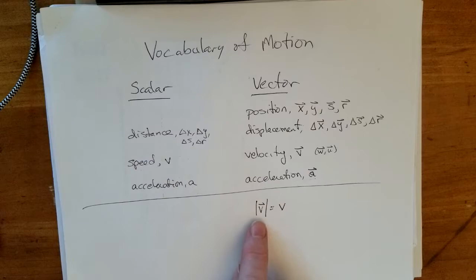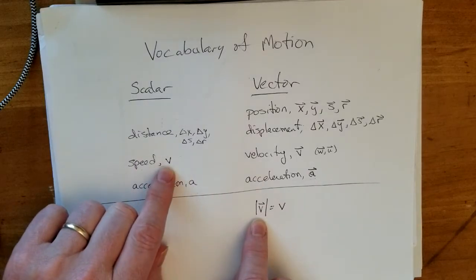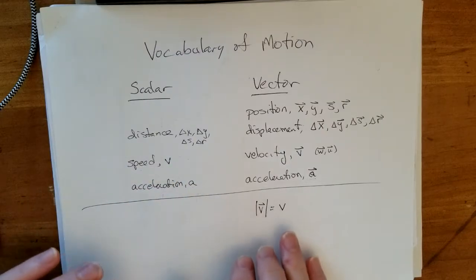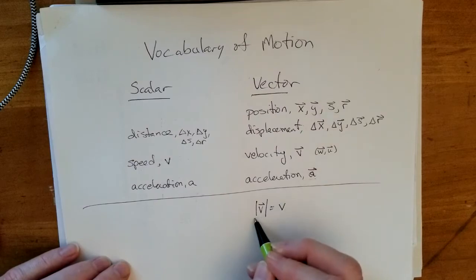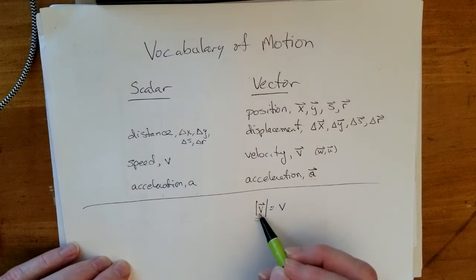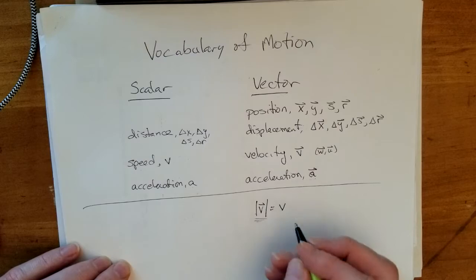Now, the magnitude of instantaneous velocity is the same as the instantaneous speed. However, if you're talking about average, that falls apart. And so I will try to do this symbol right here when I'm talking about the magnitude of a vector quantity, putting the absolute value signs around it. However, I don't always do that. So just be aware, and if you get confused, please ask which one I mean.